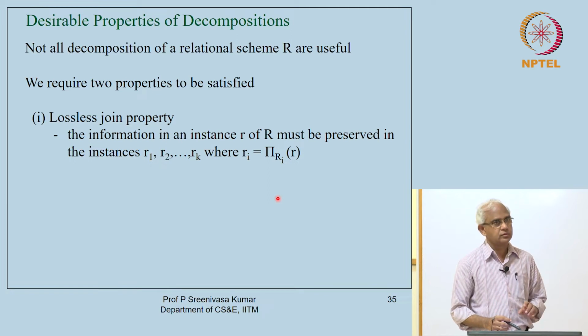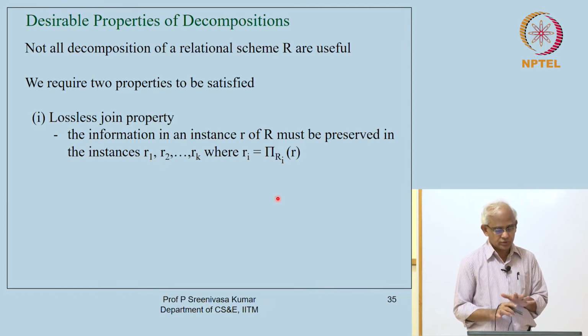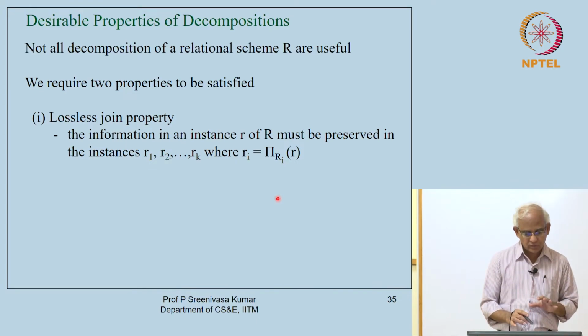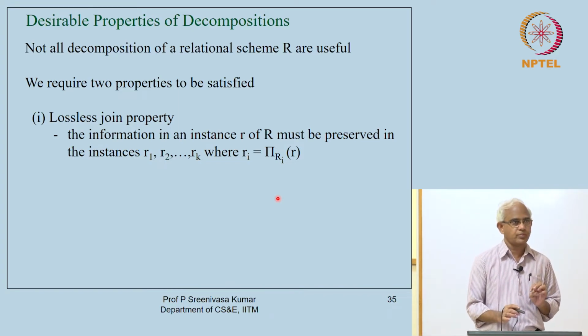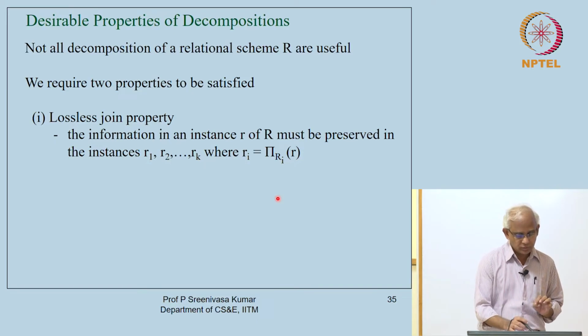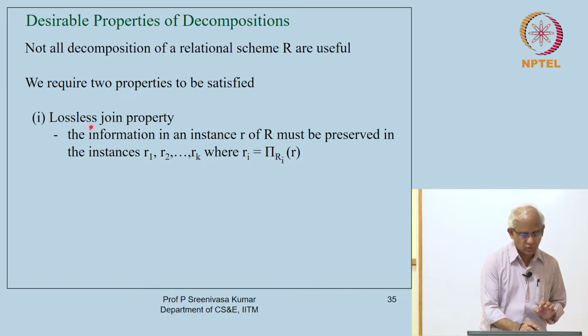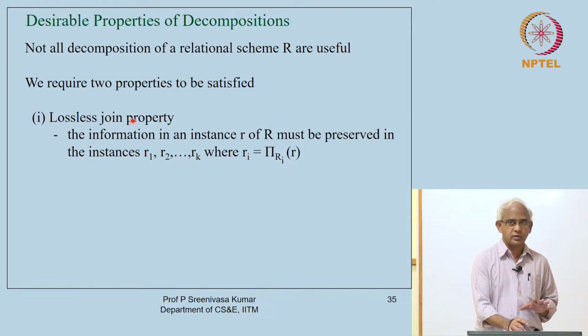It turns out that not all decompositions of a relation scheme are going to be useful. We require that these decompositions satisfy certain important properties. There are two properties: one of them is called the lossless join property, and the other one is called the dependency preserving property.